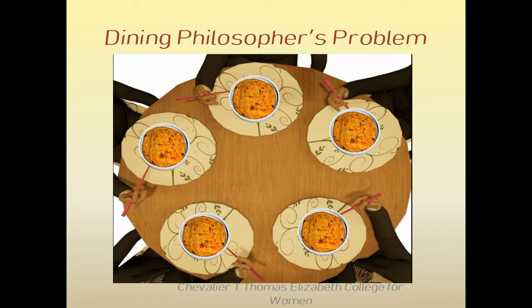That is a situation of hold and wait. The third one, the chopstick cannot be snatched away from the philosopher's hand. This is referred to as no preemption. And the last but the most important one, each one is waiting for the next philosopher to put down the chopstick. The first one is waiting for the second, the second for the third, the third for the fourth, the fourth for the fifth, and the fifth one is in turn waiting for the first, which forms a cycle.